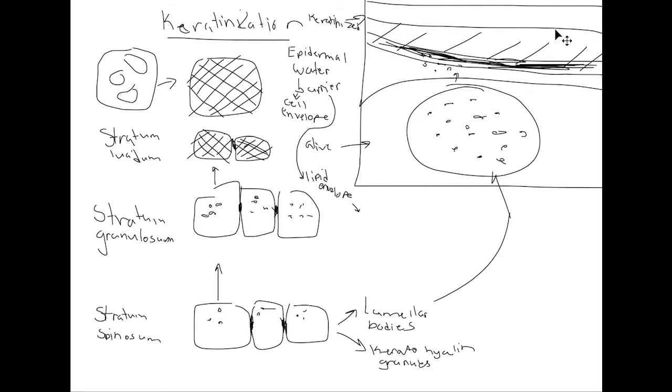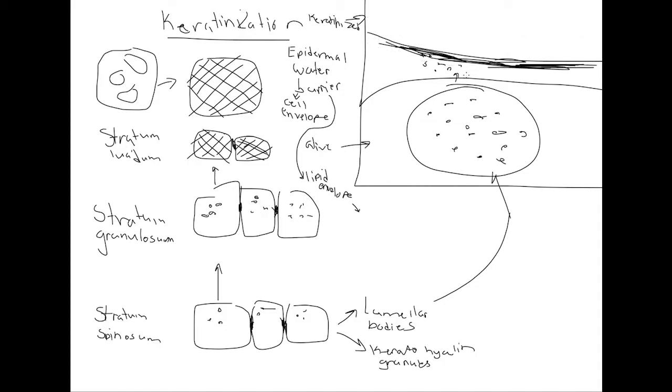That might not be the most accurate drawing, drawn to scale and everything, but it gives you the idea of what it might look like, of sort of where it is. Okay, so that's the lipid envelope and that's the cell envelope. And that's what lamellar bodies do.